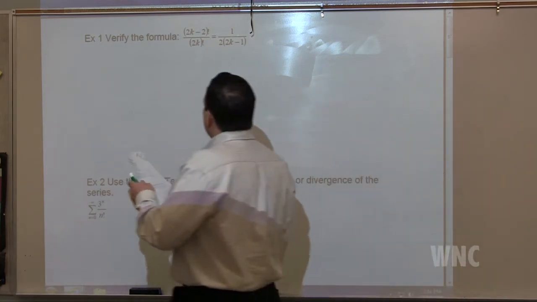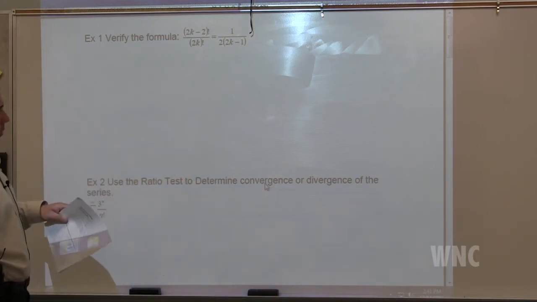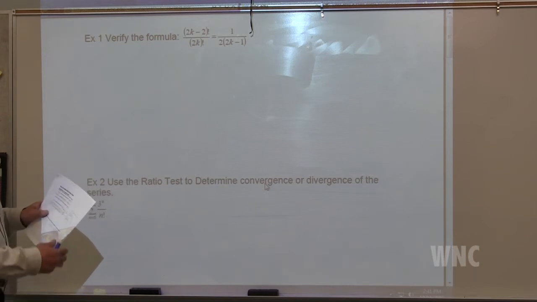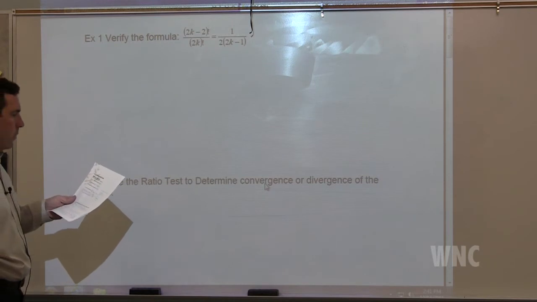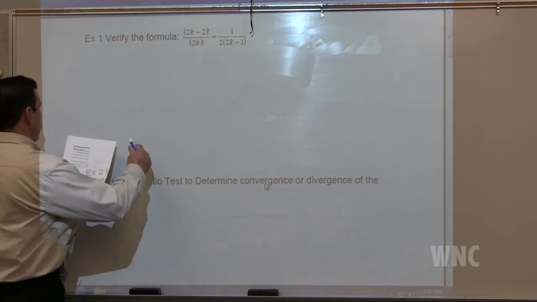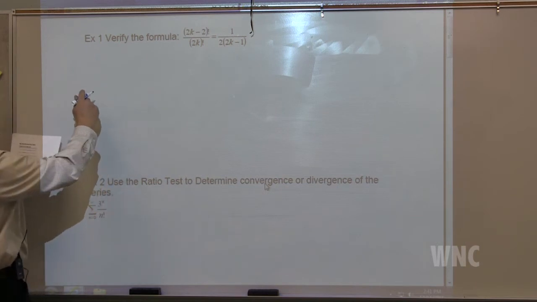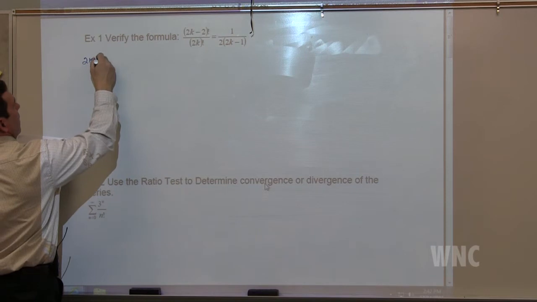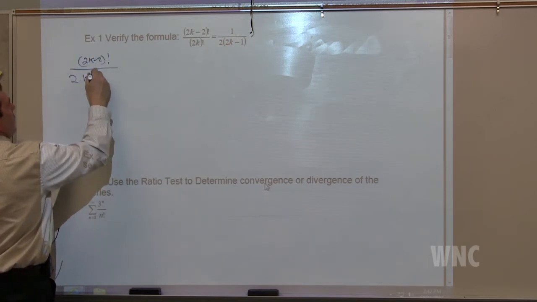Verify the formula that 2k minus 2 factorial over 2k factorial is 1 over 2 times the quantity 2k minus 1. Okay, so we have 2k minus 2 factorial over 2k factorial.